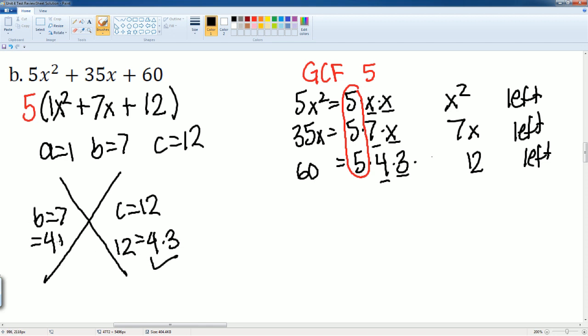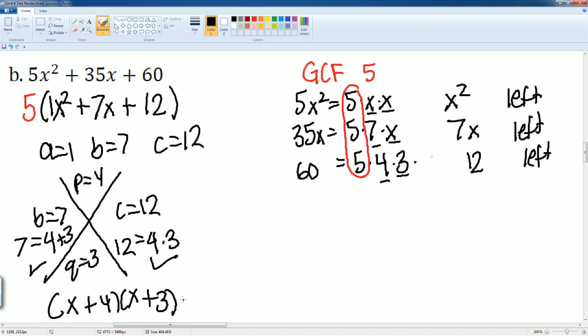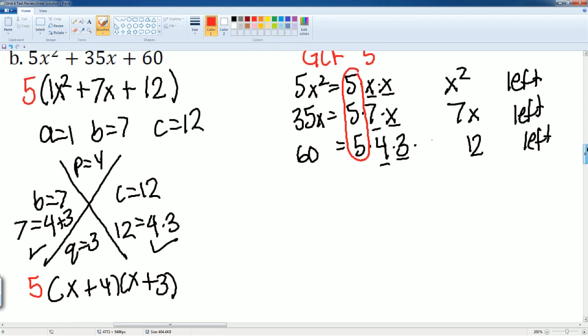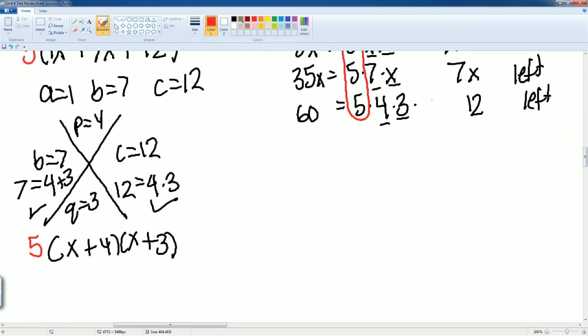And then 4 plus 3 gets us 7, so that worked. So P is equal to 4, Q is equal to 3. Your factors are x plus 4 and x plus 3. Nope, you also forgot the 5. The 5 was also there. There you go. Those are your factors.